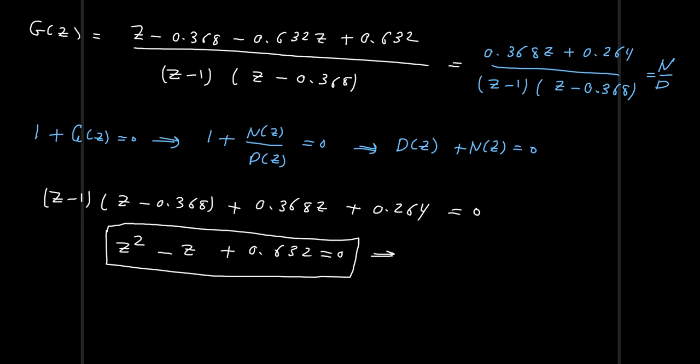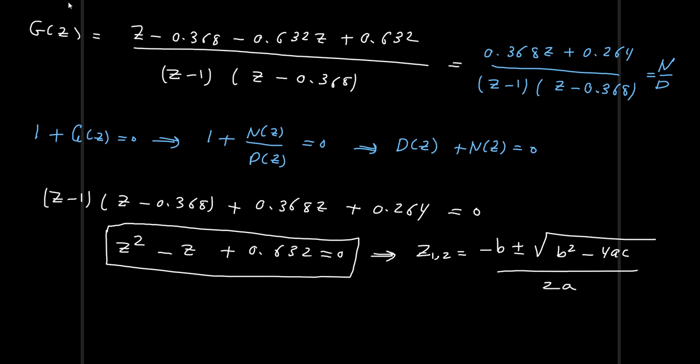If we need to find the roots, here it is second order, so z1,2 will equal minus b plus minus the square root of b square minus 4ac over 2a, under the assumption that I'm writing the characteristic equation as a z square plus bz plus c equal to 0.